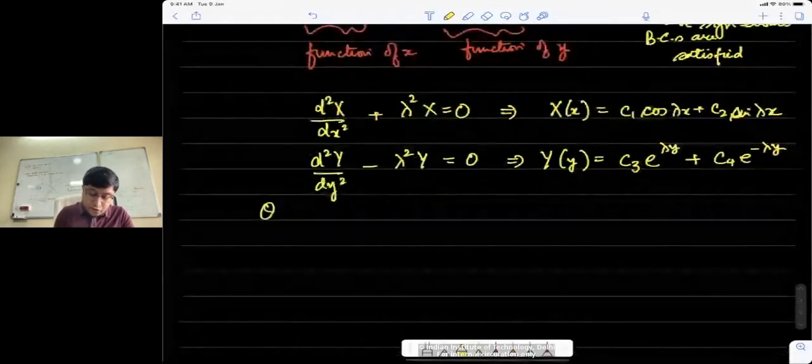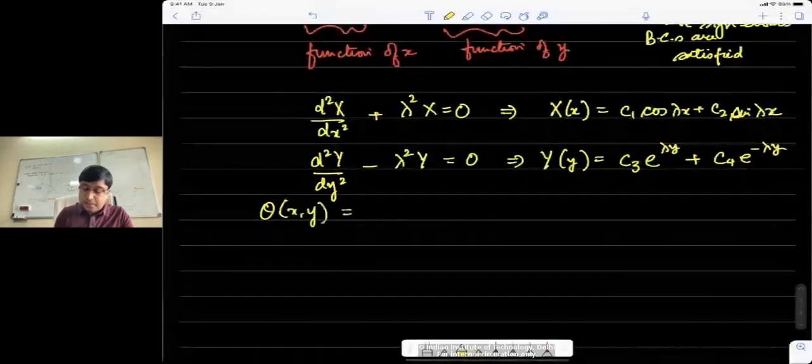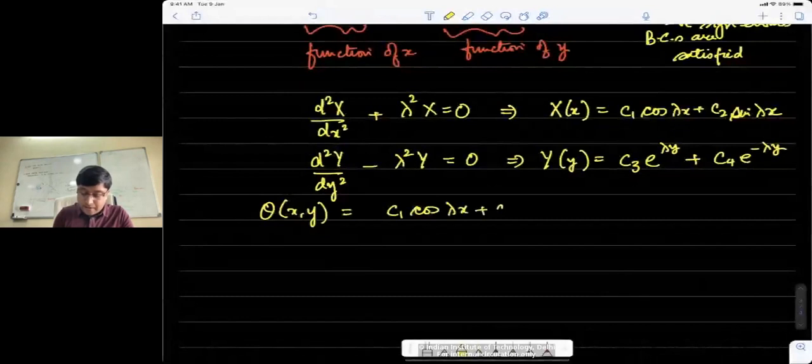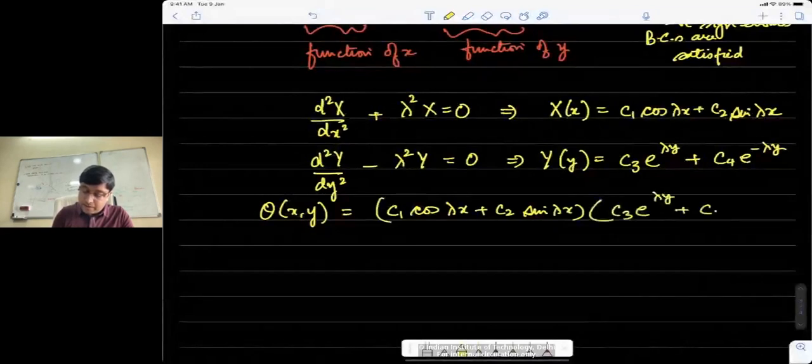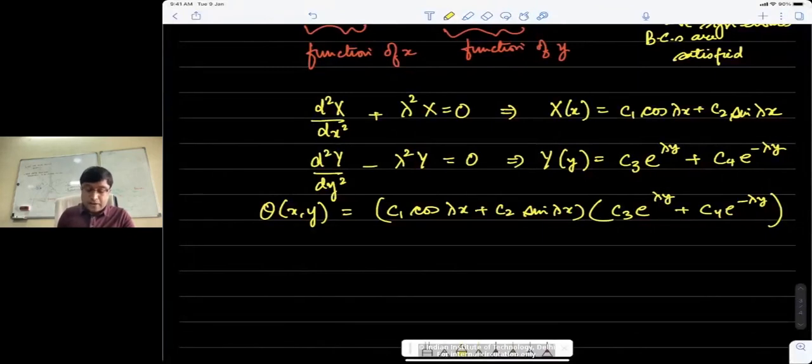And so we can write the solution to the problem, theta x y, as the product of X and Y. So that becomes c1 cosine lambda x plus c2 sine lambda x, times c3 e to the power lambda y plus c4 e to the power minus lambda y. So we have four unknowns now, actually five, because lambda is also not known yet, and we need to find out what these values are to be able to get the solution to the problem that we started with.